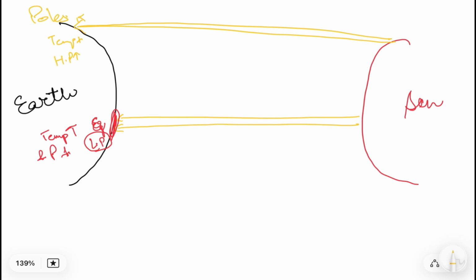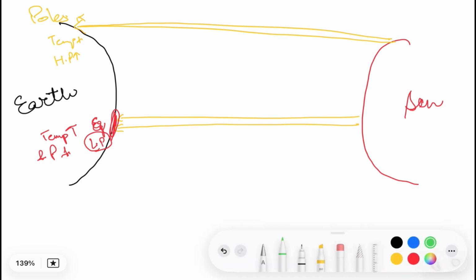We know that air moves from high pressure to low pressure. We will do pressures in the next chapter. If there is low pressure, the air will be rising.